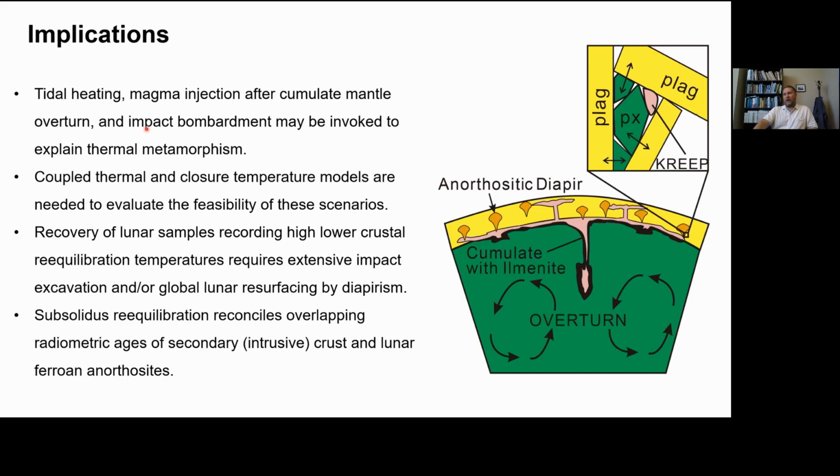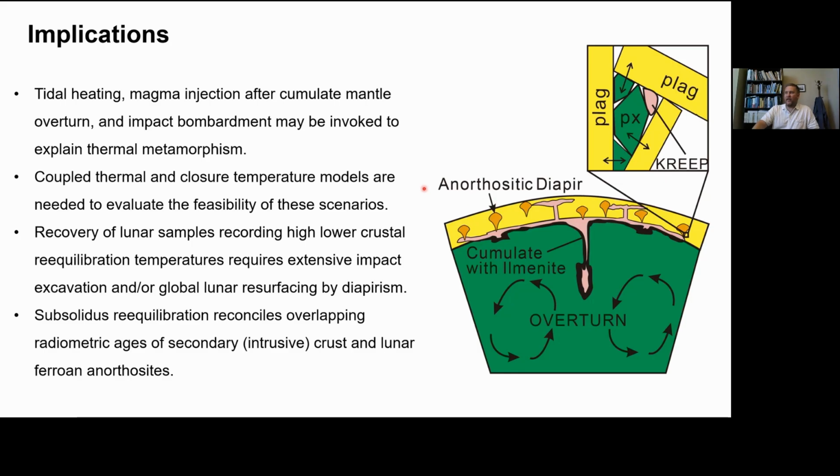We also considered the possibility that there could have been magma injection after cumulate mantle overturn, the second stage of lunar differentiation, which would juxtapose hot cumulates with the base of the crust. And this has long been invoked as a mechanism for forming a very pure crust. You might have heard of the serial magmatism hypothesis, and that was developed by John Longhi and others.